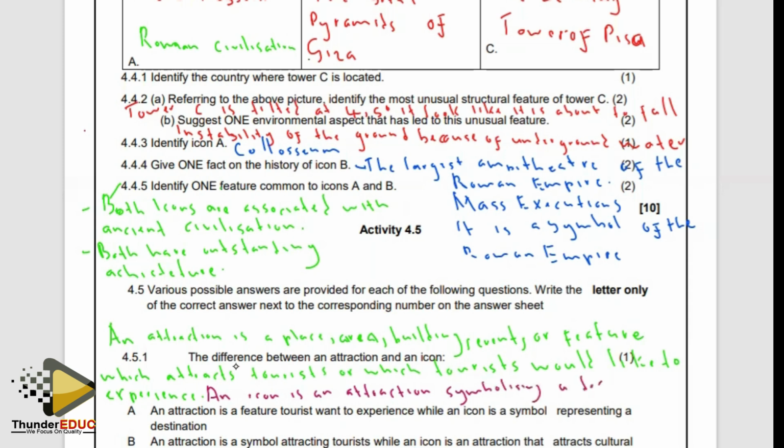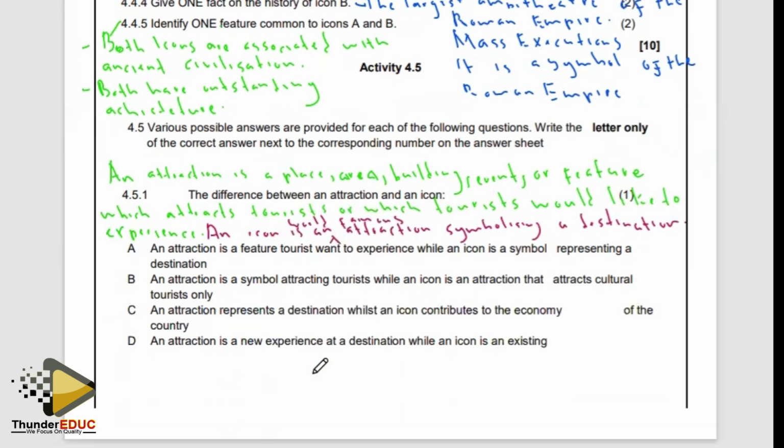Another thing you can also say is a world famous attraction. An icon is a world famous attraction symbolizing a destination.